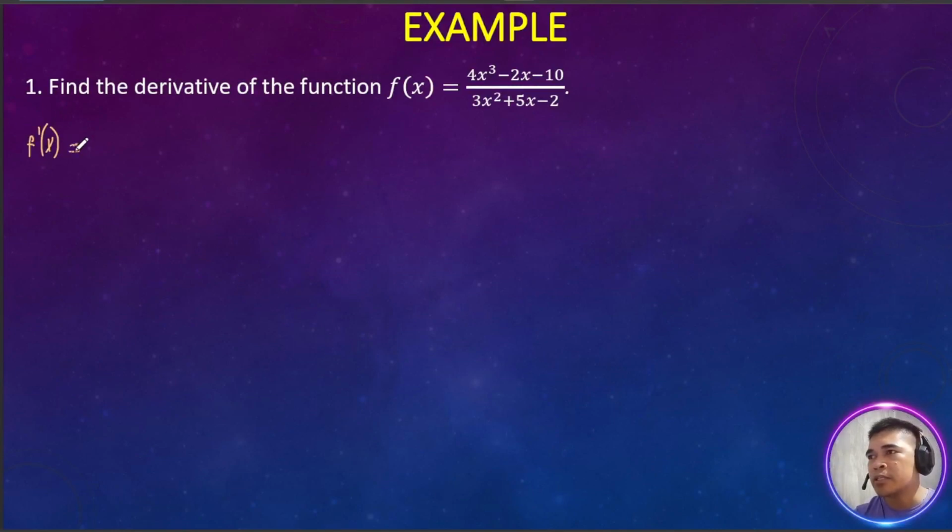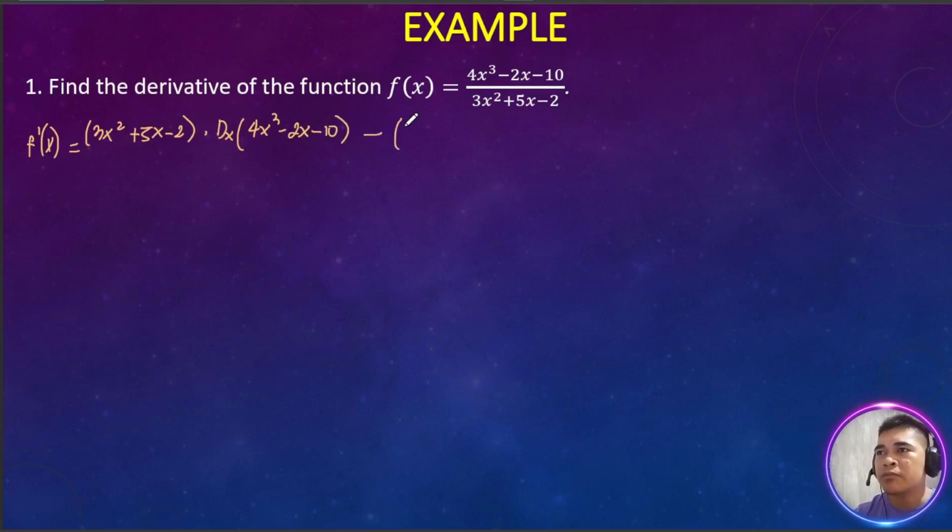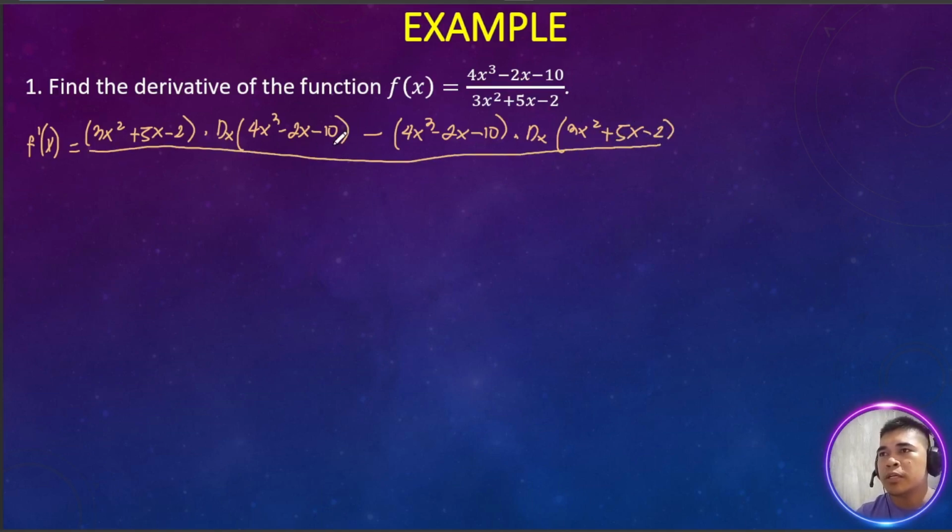Derivative of f of x is equal to, so ang atong g of x, 3x squared plus 5x minus 2, times the derivative of our f of x, 4x cubed minus 2x minus 10, minus our f of x, 4x cubed minus 2x minus 10, times the derivative of 3x squared plus 5x minus 2, all over the square of g of x.